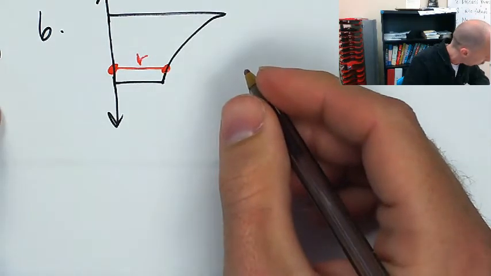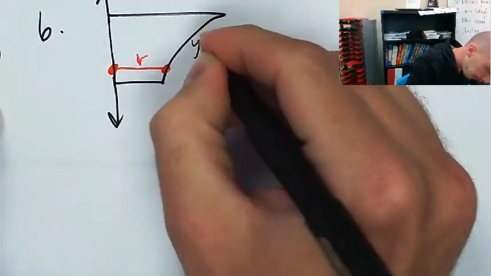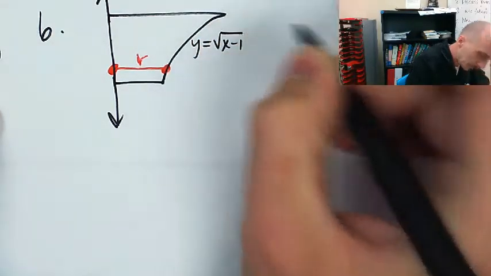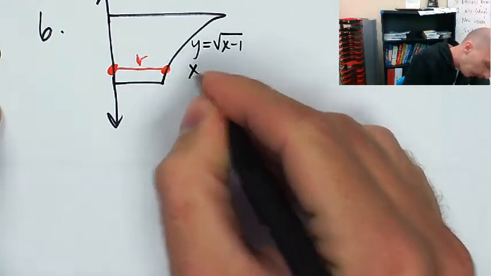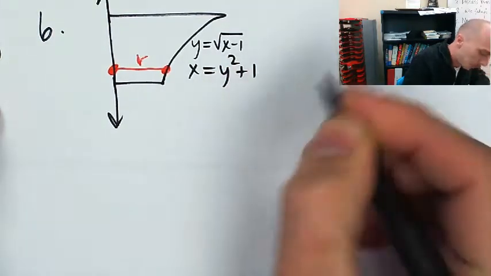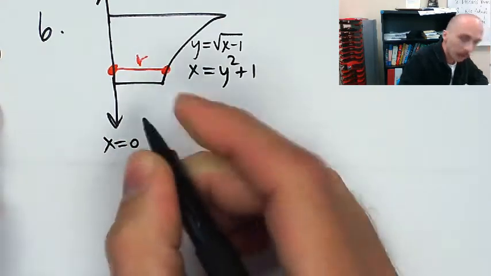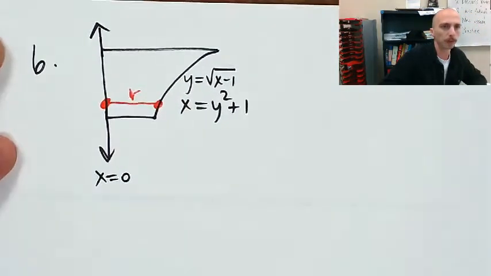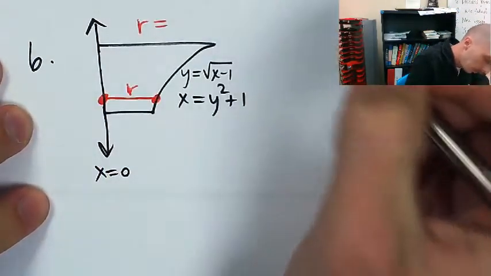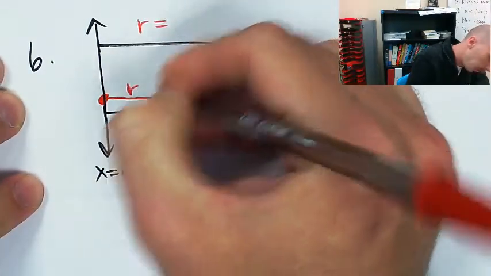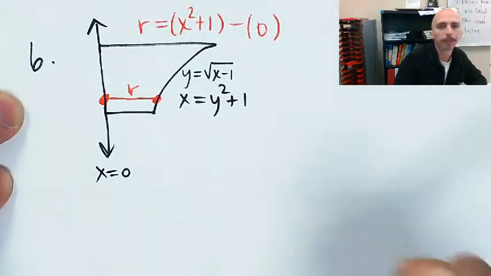So this is the graph of y equals the square root of x minus 1. If I square both sides, I get y squared equals x minus 1, and adding 1, I get x equals y squared plus 1. And this is the line x equals 0. So when I go to express my radius in terms of y, it'll be the difference in two x coordinates. Radius is going to equal x equals y squared plus 1, because it's on the right, minus x equals 0 on the left.